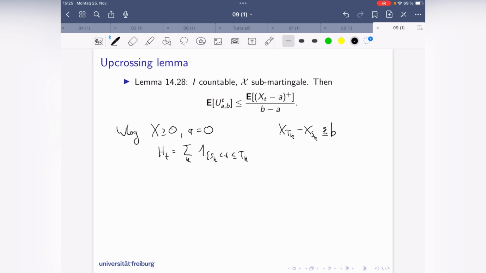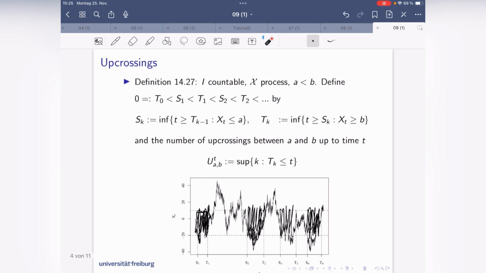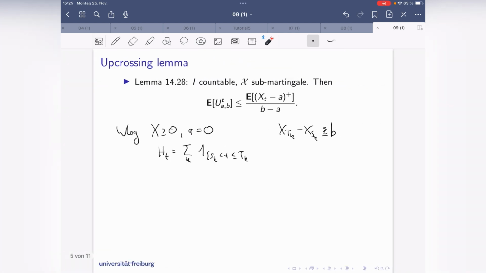And well, sk is the first time after the last t comes on, so I'm below a, and here I'm again above b. So the amount of increment you're doing is at least b, therefore.